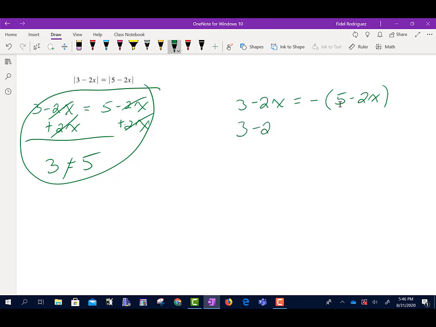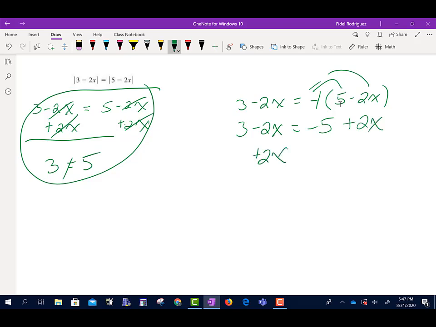So 3 minus 2x. Let's think of that negative 1, right? Oh, come on, my pen froze again. Let's see if I can get it. There we go. So negative 1 times 5 is a negative 5. A negative 1 times a negative 2x is a positive 2x. Okay.